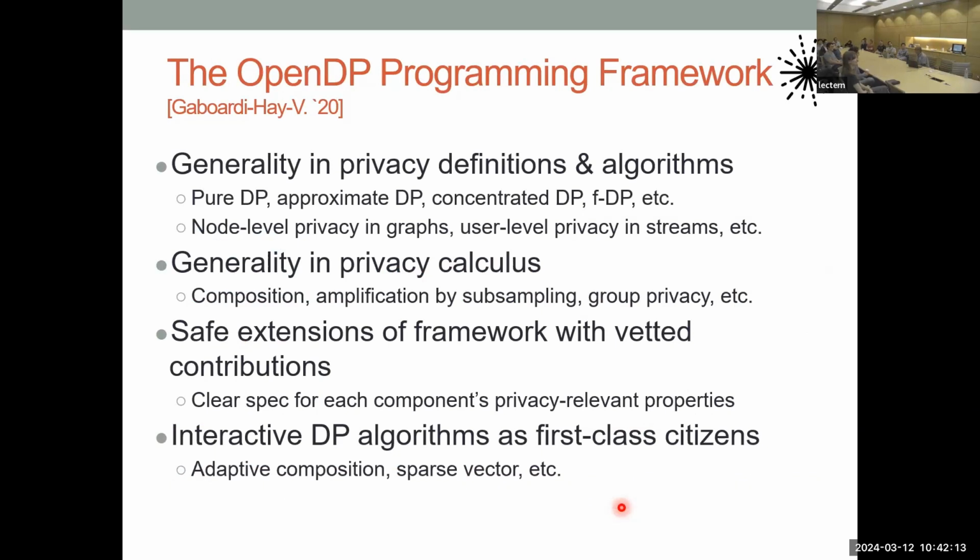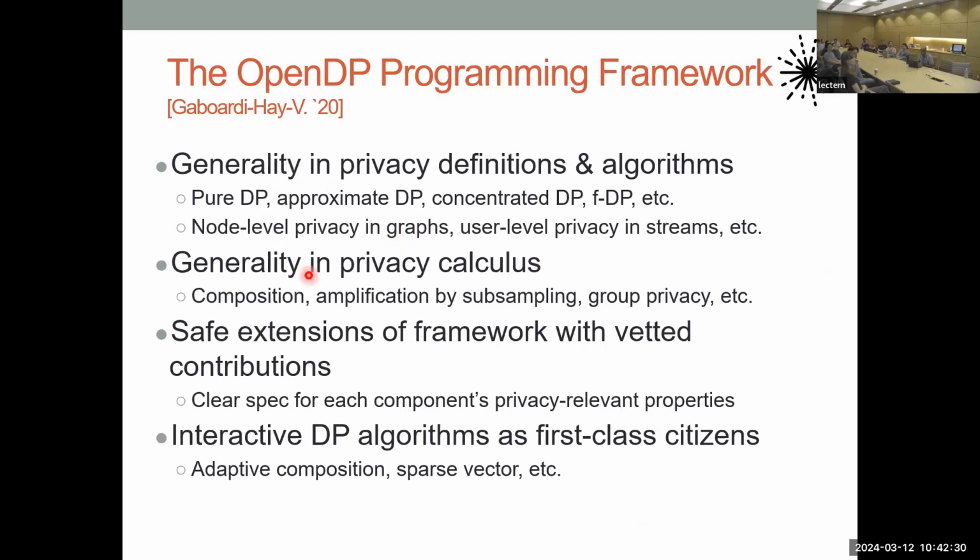That's basically the OpenDP programming framework, which I developed with Marco Gaboardi and Michael Hay, which has a number of desiderata. This is the framework for the implementation in the library.